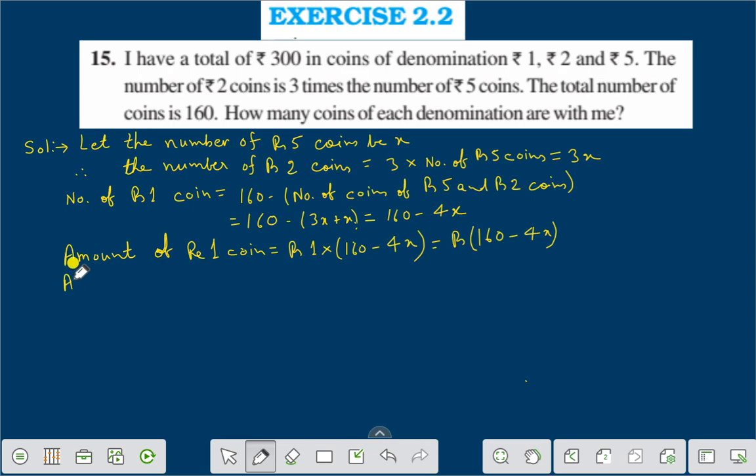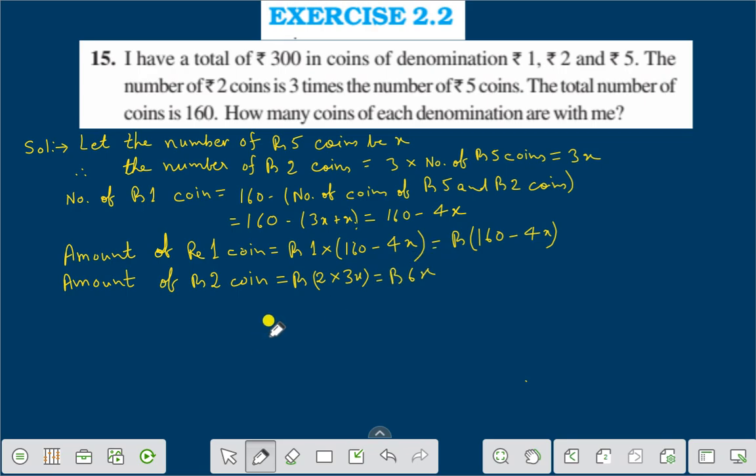Now the amount of rupees 2 coins is equal to rupees 2 into 3x, and that is equal to rupees 6x, right?